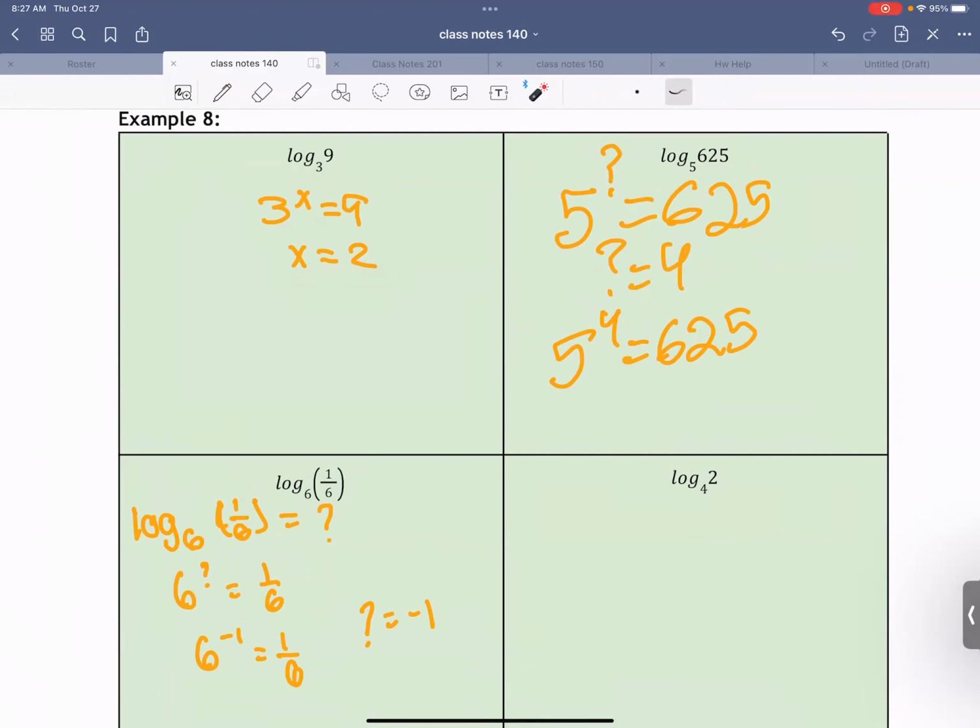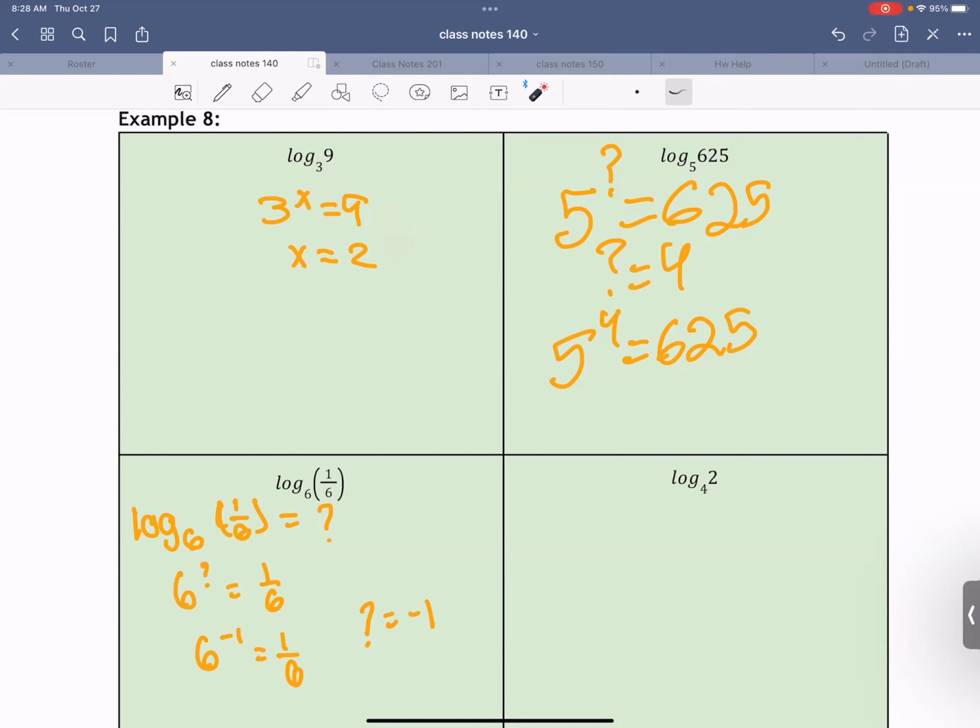Right. Now, honestly, once you get here, you can just start plugging in numbers in your calculator, like 3 to the first power, and you're gonna get 3. And you're like, okay, that's not 9. Then you'll plug in 2, and then you'll be like, oh, 3 squared equals 9. So it's kind of like a guess and check once you get here. But nice job on that, Allison. Any questions on log 3 and 9?